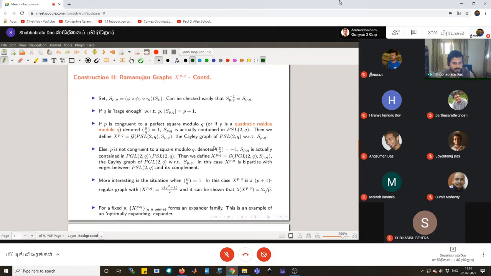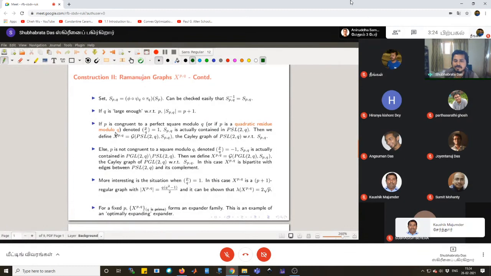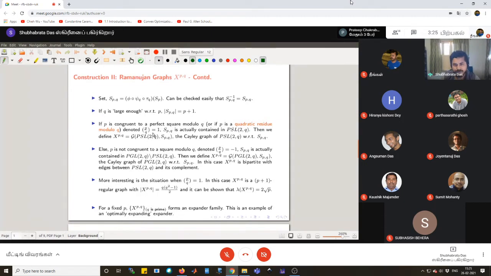Now we will look at two different situations. One is if P is congruent to a perfect square modulo Q, which we denote by the Legendre symbol, I think it's called.